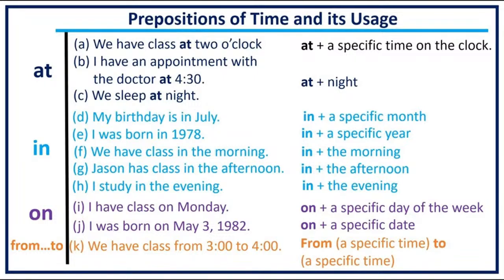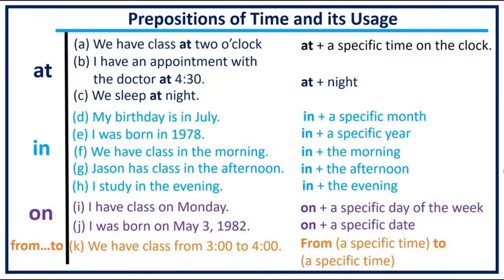Alright? So, again, let's do a short recap. Prepositions of time are at, in, on, from, to. So, "at" is used for a specific time on the clock. "At" is used for night. And "in" is used for a specific month, specific year, and for the time of the day, the morning, the afternoon, the evening.